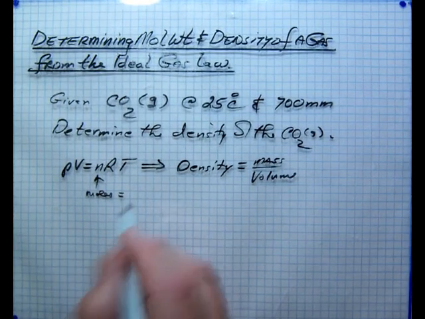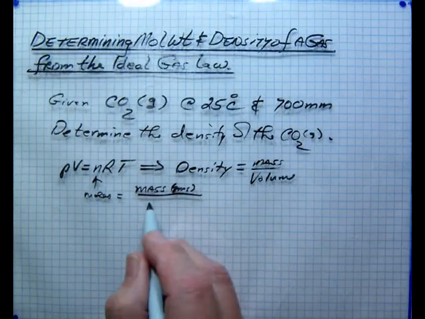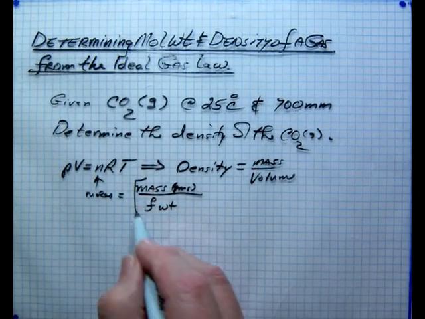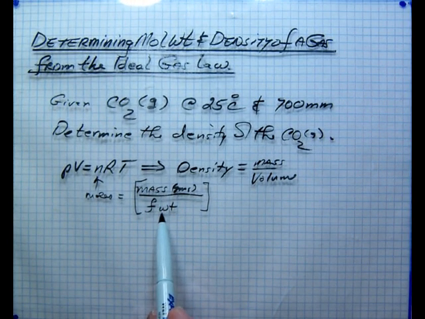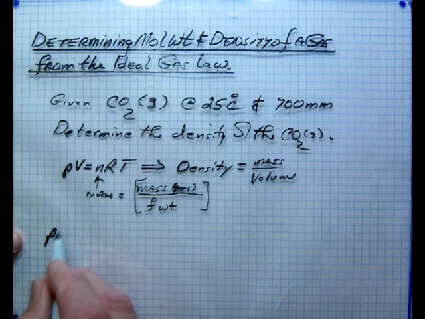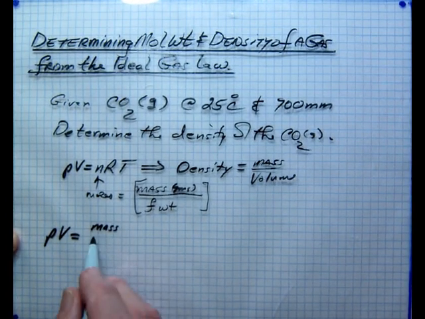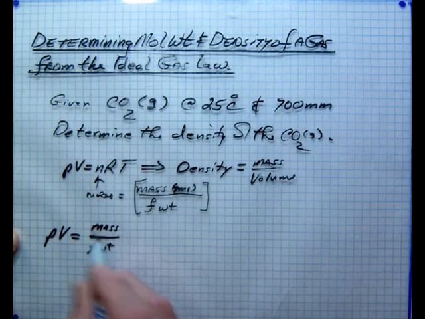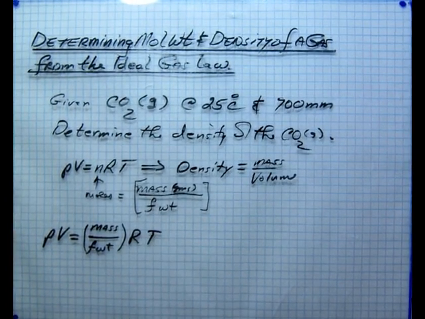And we know that moles is mass in grams divided by formula weight, by definition. If I substitute this mass over formula weight into the position for the moles, I will obtain PV equals mass divided by formula weight times R value times the Kelvin temperature.